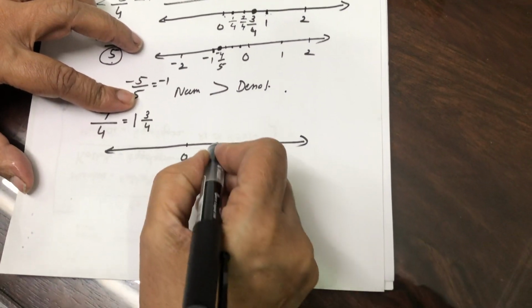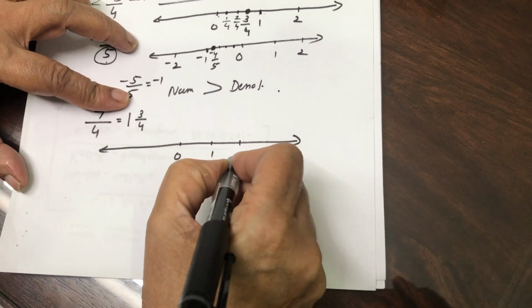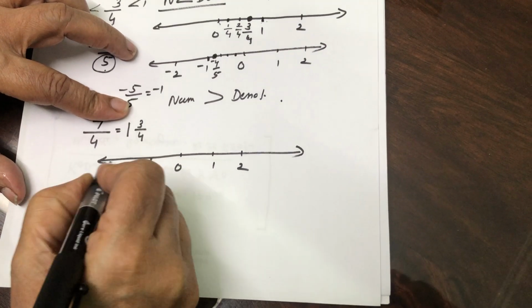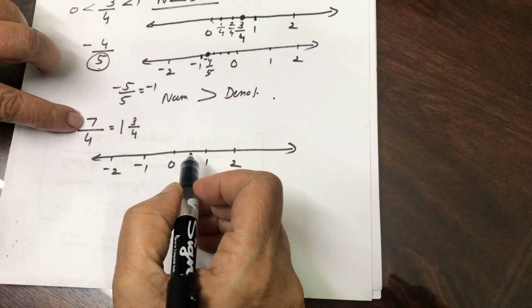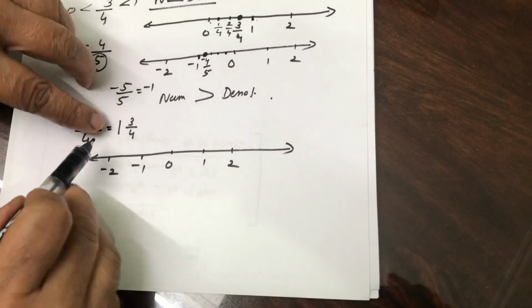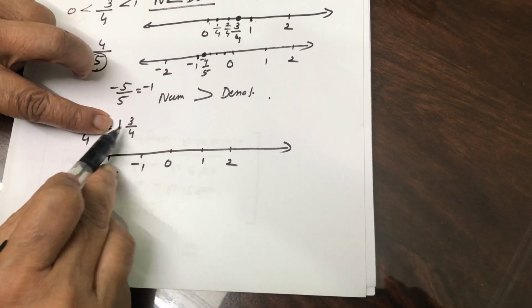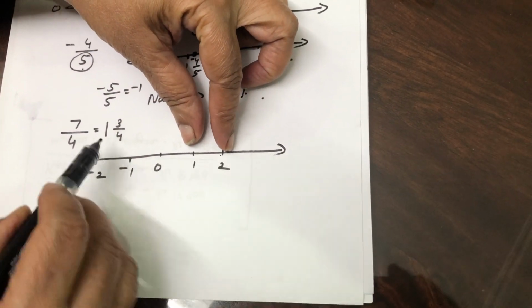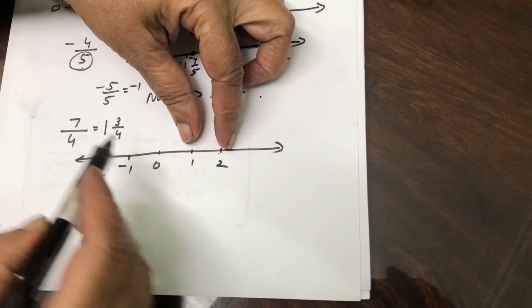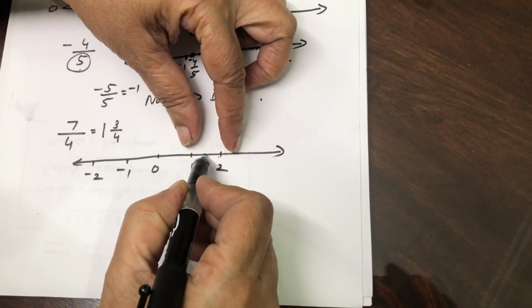This is 0, 1, 2, minus 1, minus 2. This 1 and 3 by 4, that is 7 by 4, lies between 1 and 2: more than 1, less than 2. So 1 to 2 is divided into 4 equal units.